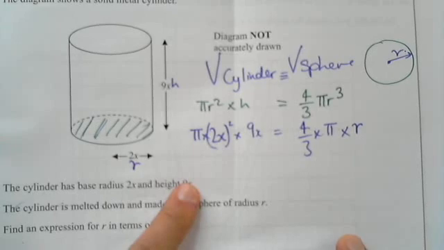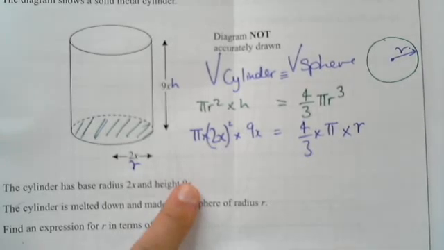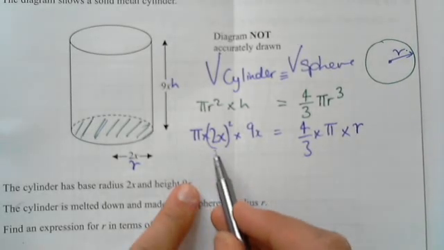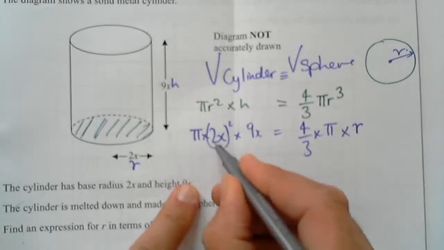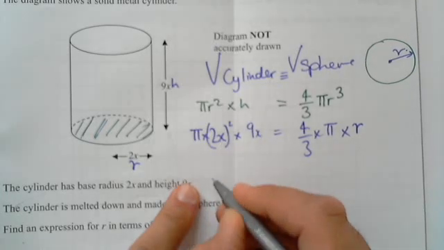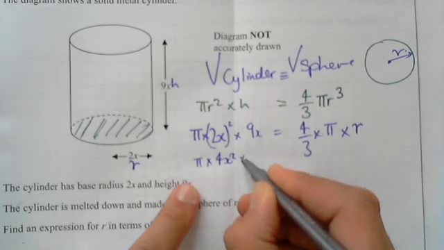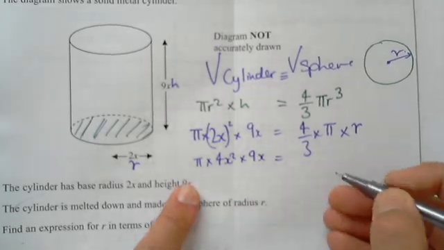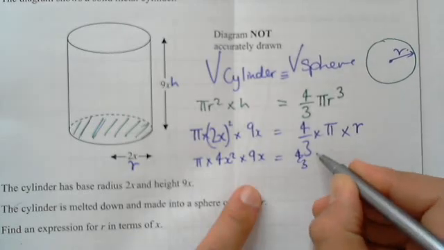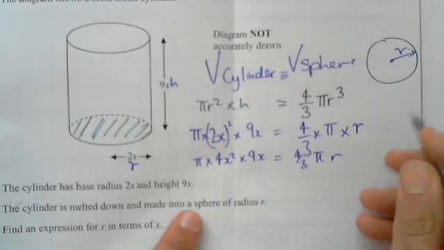Okay, let's try to simplify some of these expressions first of all. So we have pi times 2x squared, which will be the same as saying 2 squared and x squared. That gives us pi times 4x squared times 9x is equal to 4/3 pi r cubed.